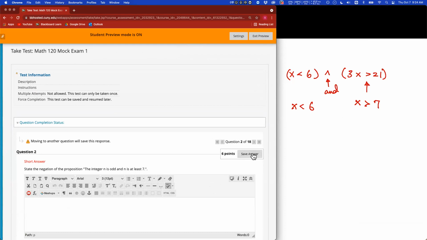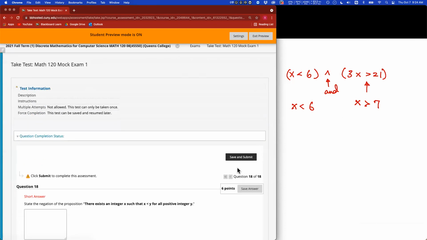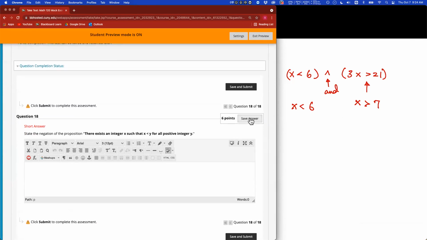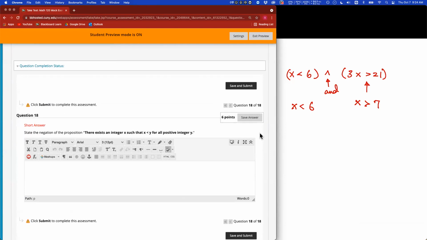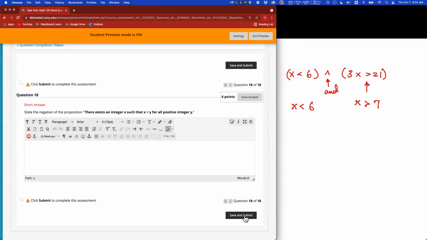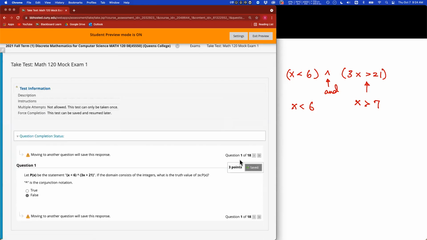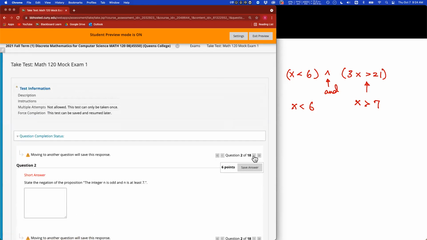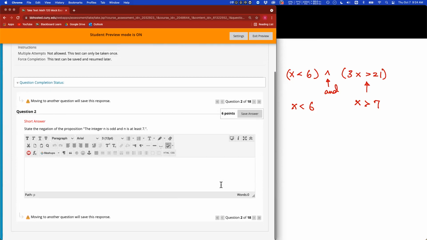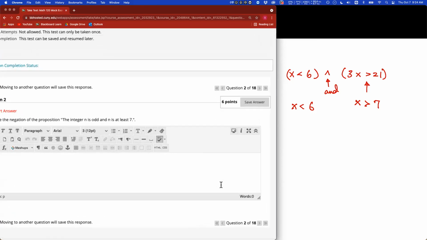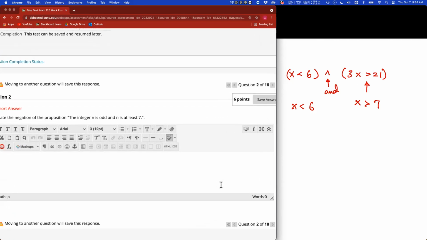So be aware of where you clicked it, and after the last question, you will be able to save and submit the exam. So before you finish the exam, don't accidentally submit it, because once you submit the exam, I can't change anything.